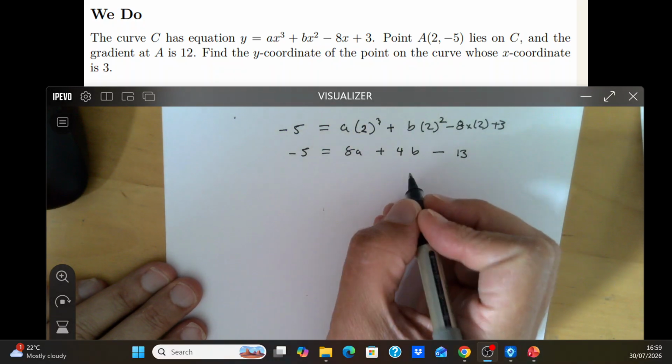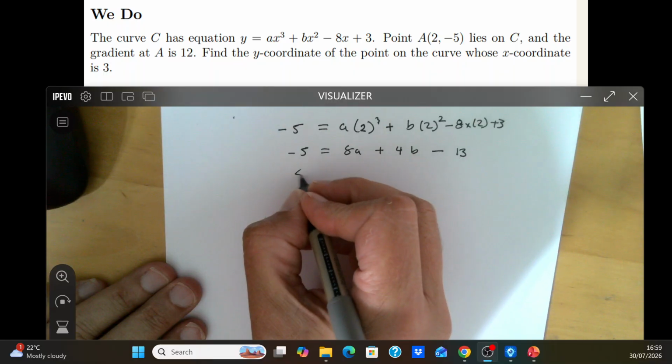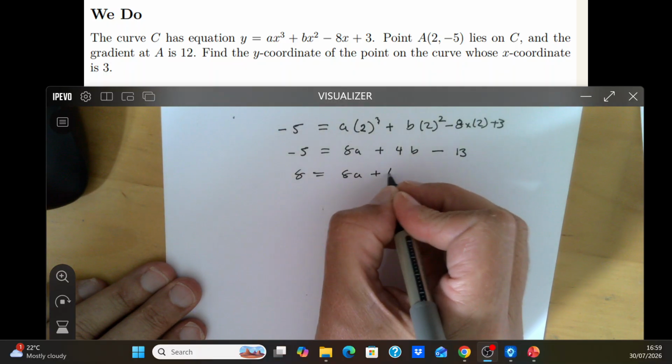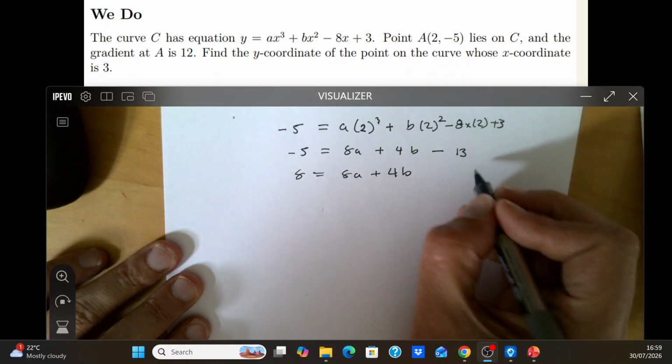So basically, add the 13, gives me 8 equals 8a plus 4b. Right, so I've done that. So that's my first equation, which I'm going to use.